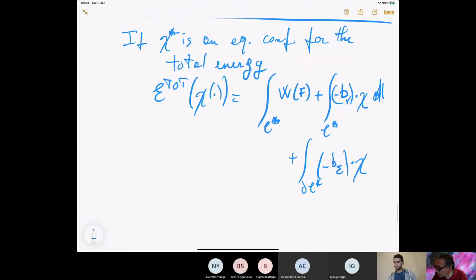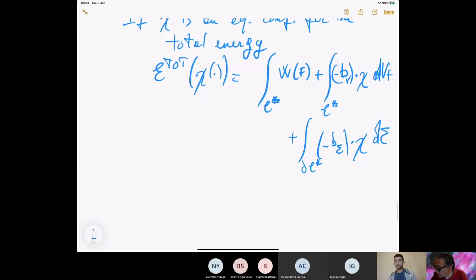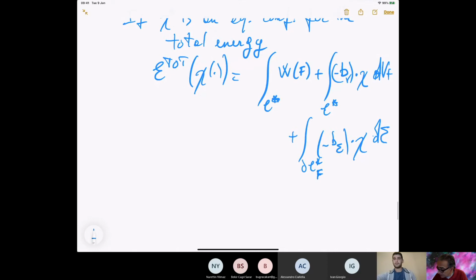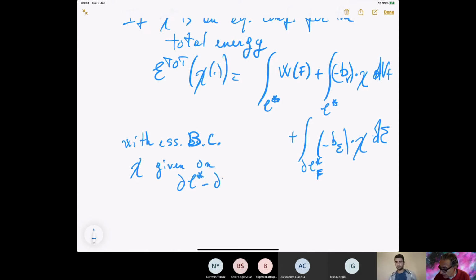So this is the volume and this is the surface. Okay. And this is only for the free part of the boundary, with essential boundary conditions, chi given on the boundary of C star minus the part of the boundary which is free. Okay.